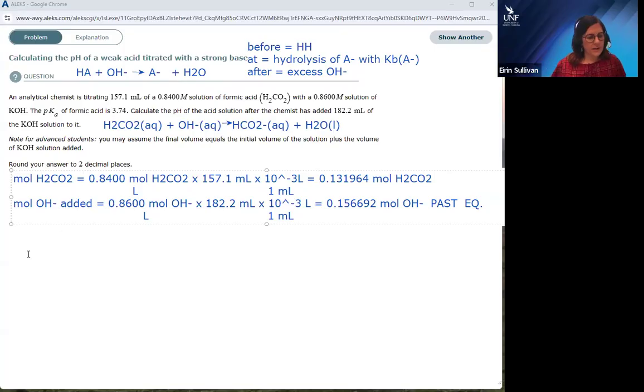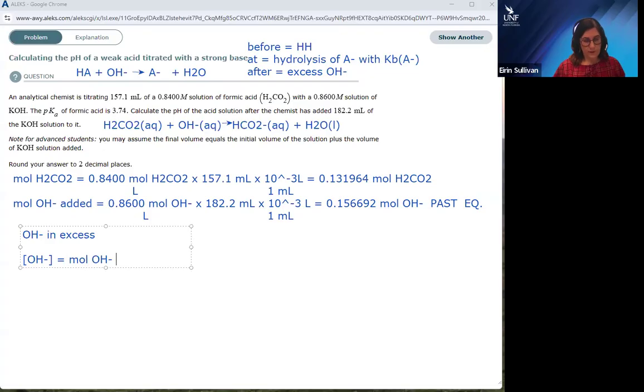So then what we need to do is work out our pH based on the hydroxide in excess. So we need to calculate that concentration of hydroxide that we have. It's going to neutralize the moles of formic acid we have. So we're going to subtract from our total number of moles of hydroxide added, which we've just calculated, the moles of hydronium which need to be neutralized.